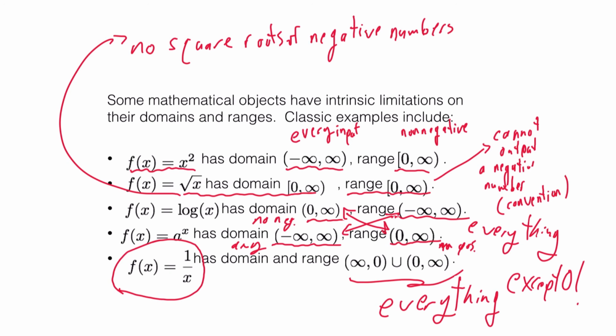Because if I plug in 0 here, I'll be dividing by 0. So this does not exist. And in fact, almost the same argument will show why it's not possible to get 0 as an output. So let's just plot a few examples of some of these to see why this makes sense.